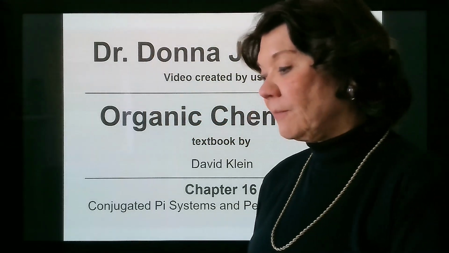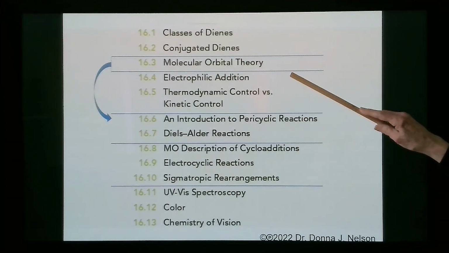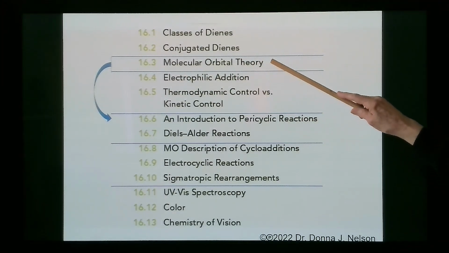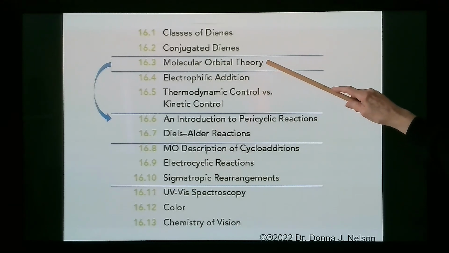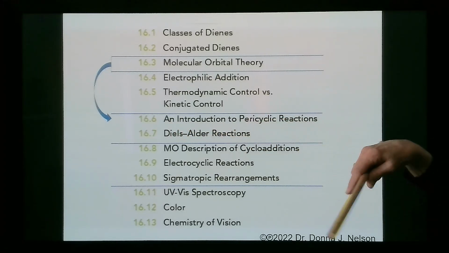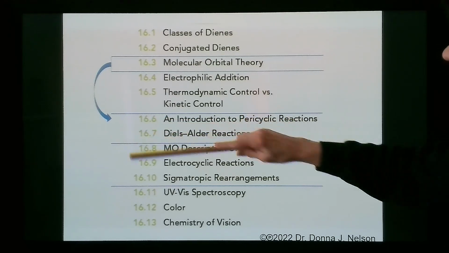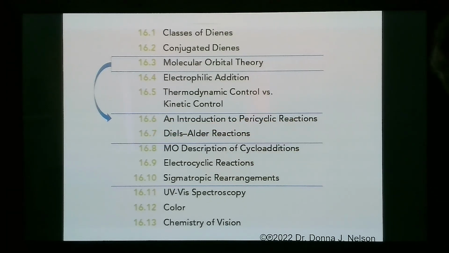So, remember I mentioned in the previous discussion that molecular orbital theory, section 3, is going to be moved down into the discussion with sections 6 and 7. So that's this section.